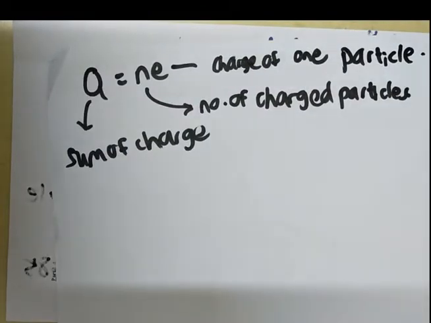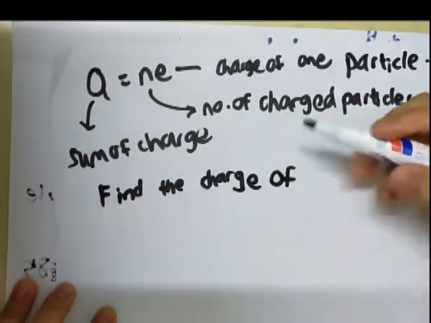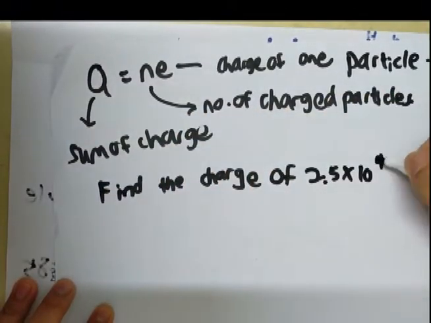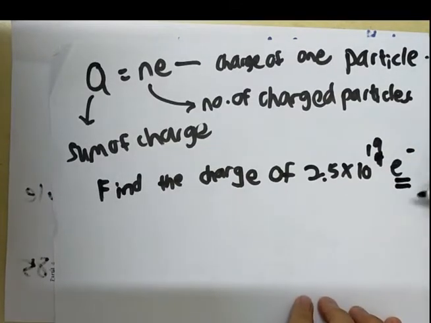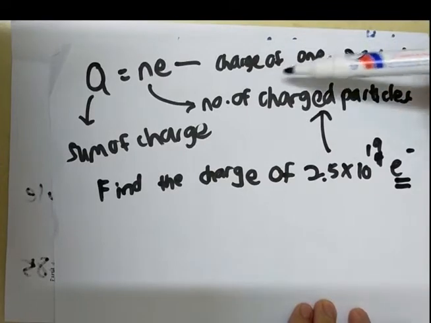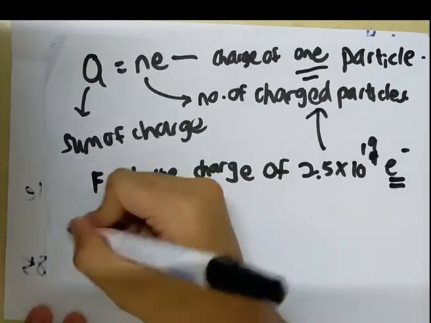So here's a word example. Find the charge of 10 to the power of 19 electrons. They give you the number of charged particles. One more thing you need to know is that the charge of one particle, E, is a constant.